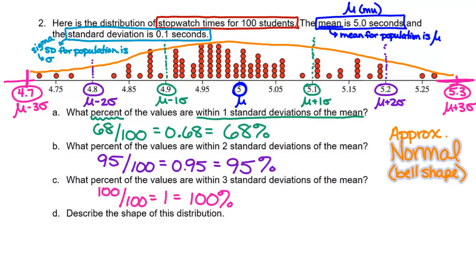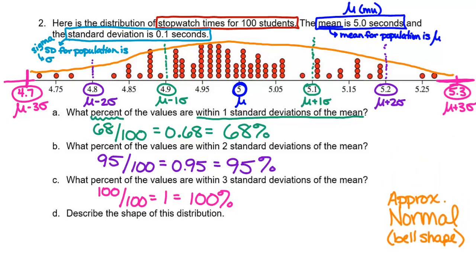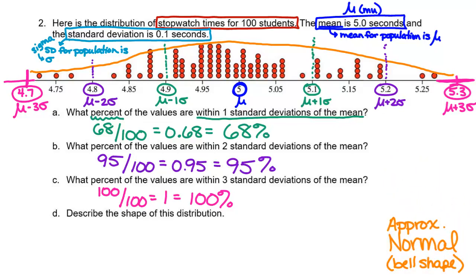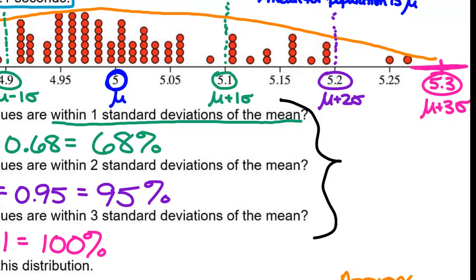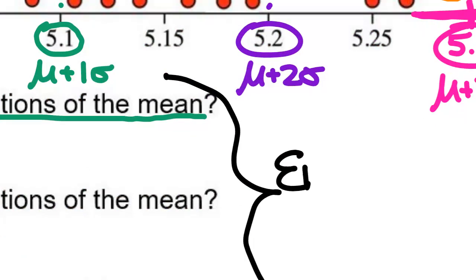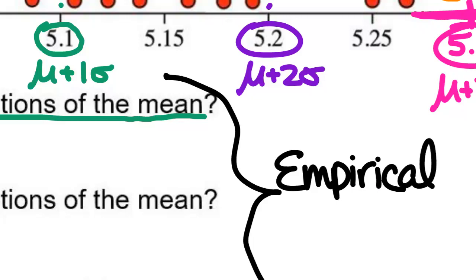This right here is called the empirical rule, which we're not exactly precise. There's one little alteration that we have to make to this. EMPIRICAL.